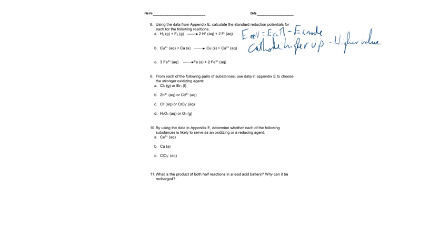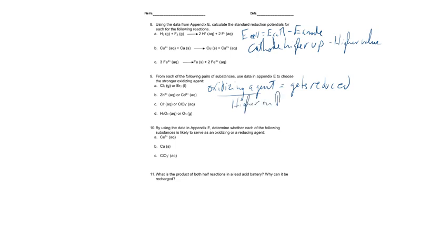Use the data in Appendix C to choose the stronger oxidizing agent. Oxidizing agent equals gets reduced. So the stronger oxidizing agent would be higher on the table.